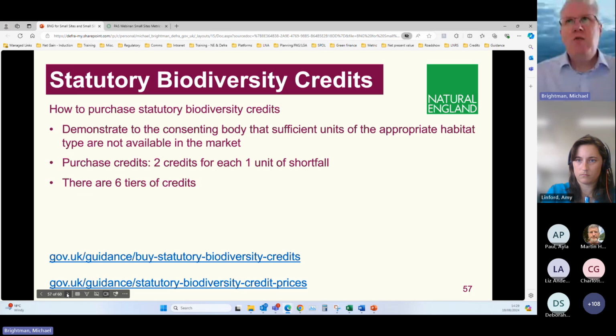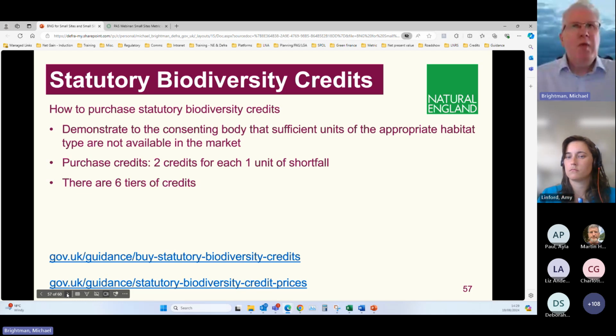A quick note on statutory biodiversity credits. I know that you will be given a presentation from DEFRA and Natural England on statutory credits sometime soon. But just a quick reminder that in order for a developer to purchase statutory biodiversity credits, they need to ask permission from the local planning authority to do so.